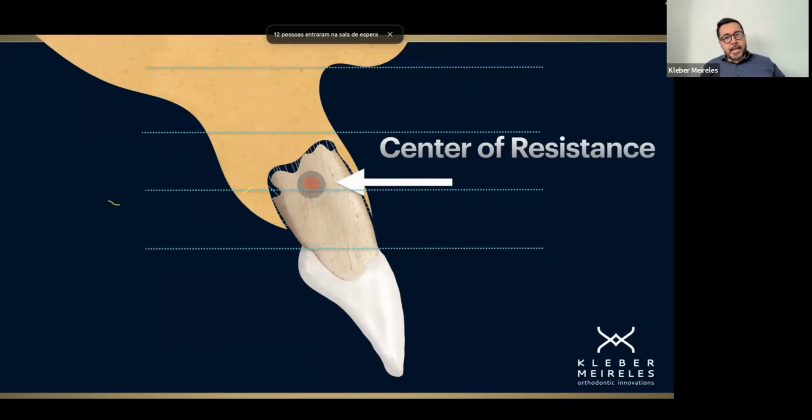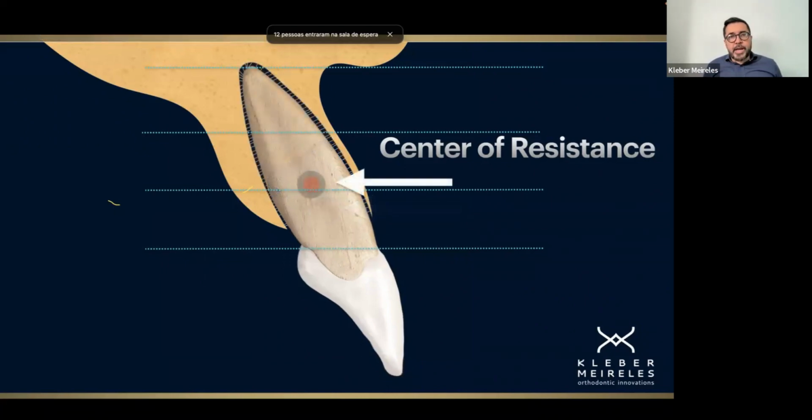Of course, again, we know that when we have a different shape, when you have root resorption, bone resorption, or some different attachment of the tooth to the bone, we are going to change the center of resistance. We are going to change it according to the attachment of this tooth to the bone, to the periodontal ligament, and to the gingival attachment.